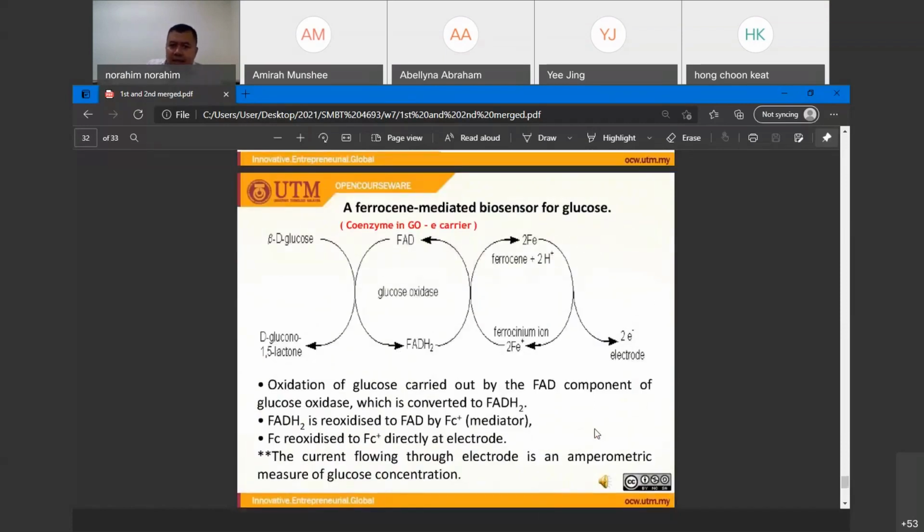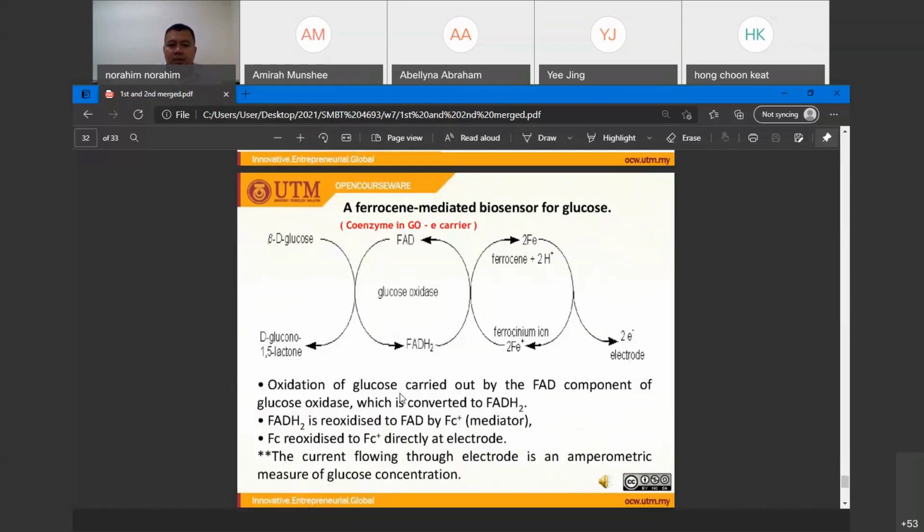Okay, a ferrocene-mediated biosensor for glucose. If you look here, you have your glucose interacting with FAD, and then you produce gluconolactone. FAD will become FADH2, and then the reaction takes place. This is a continuous reaction. FADH2 then interacts with ferrocenium, and finally you are getting 2 electrons at the electrode that will produce your signals. Inilah yang menyebabkan you akan dapat signal in your system.